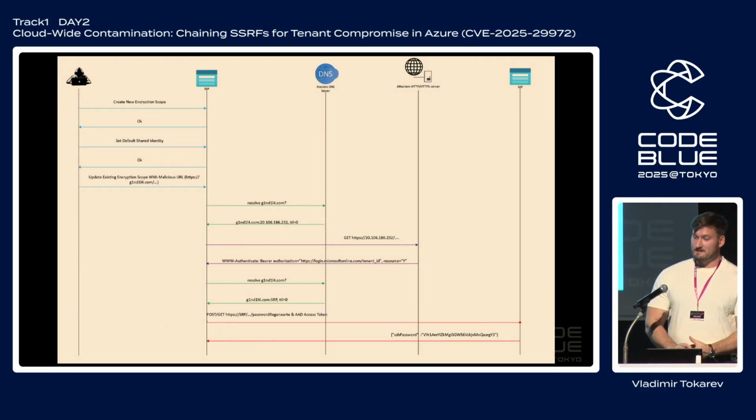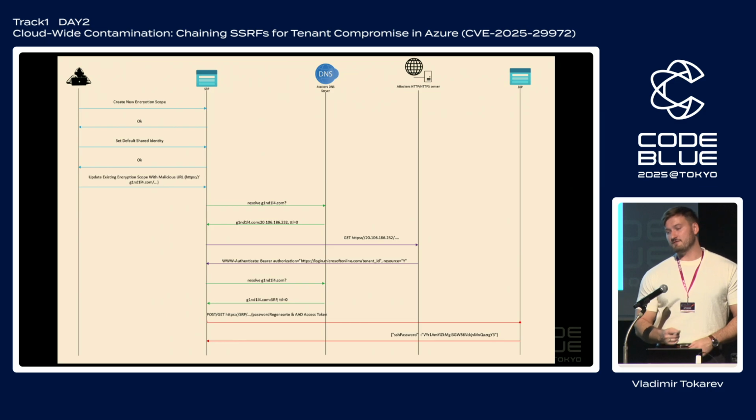And so this is the attack flow vector that we've seen here. First, create an encryption scope, then set the default shared identity, then trigger a merge, which will basically trigger the SSRF. Again, here I don't present the SSRF attempts because it would make this diagram a lot longer. So after the SSRF is triggered, we'll have first a resolve for the Gandalf domain, then the first GET will be sent to the attacker-controlled HTTP server. The attacker will answer with 401 and a WWW-Authenticate header with the needed information.